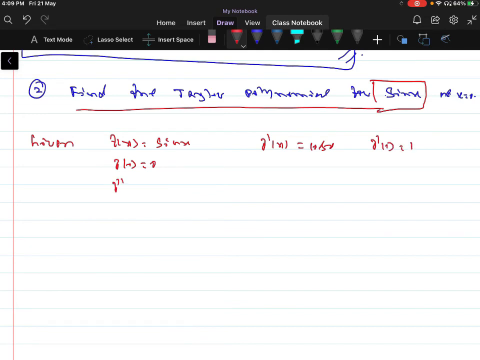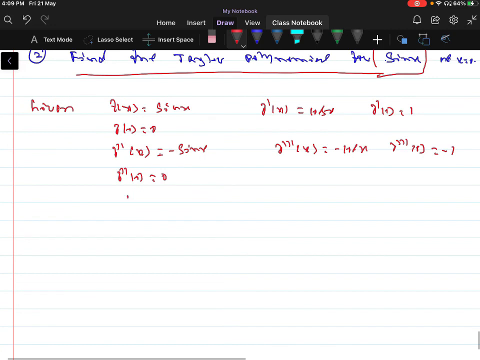So f double dash of x is equal to, differentiating cos x, minus sin x, f double dash of 0 is equal to 0. Now f triple dash of x is equal to minus cos x, and f triple dash of 0 is equal to minus 1 and so on.